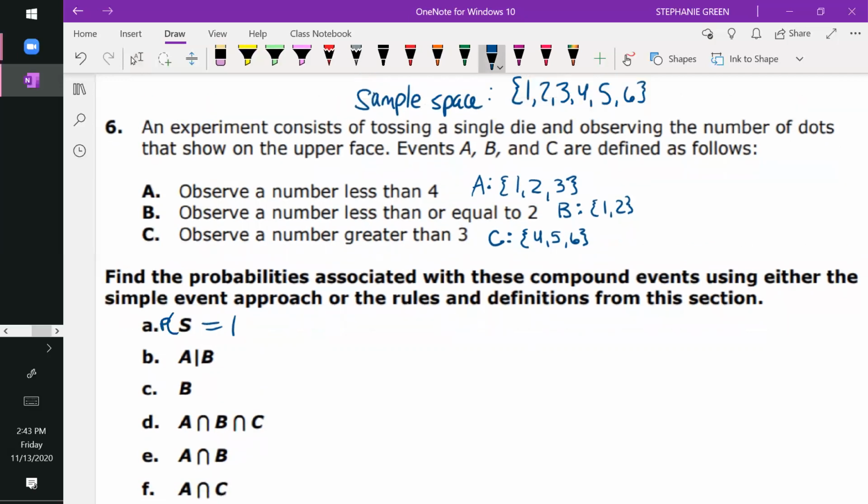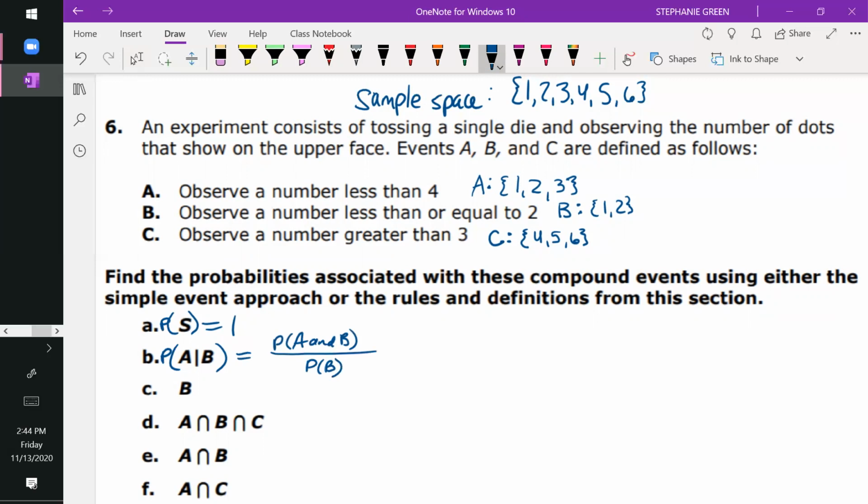All right, next one, the probability of A given B. So the probability that we have a number less than 4, given that we have a number less than or equal to 2. So again, that's a probability of A and B over the probability of B, right?